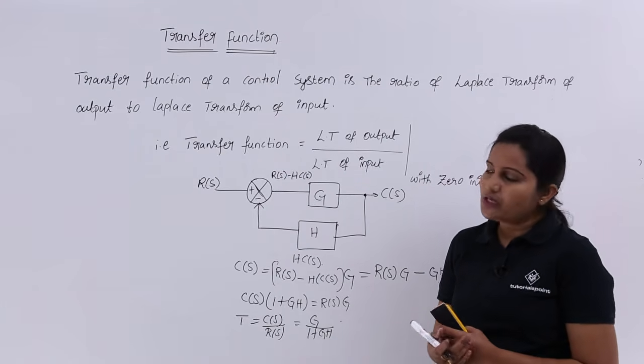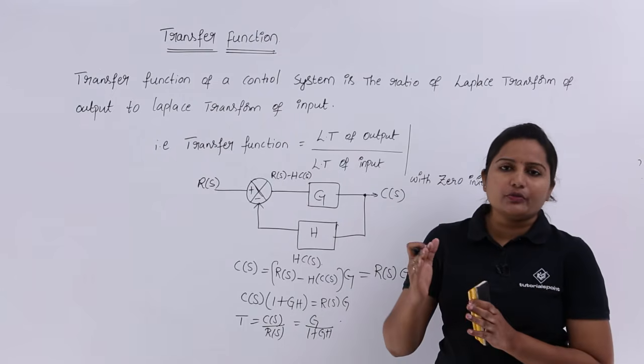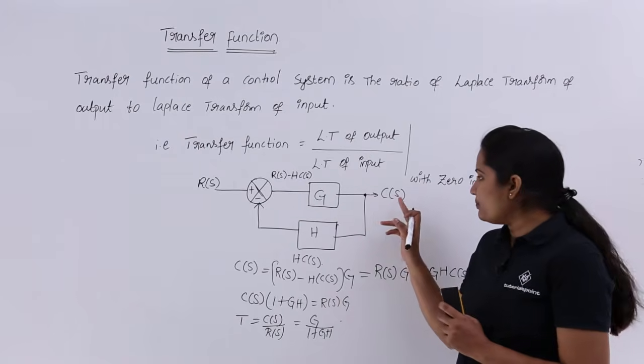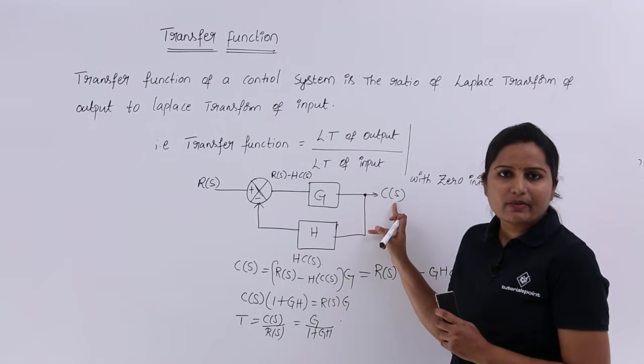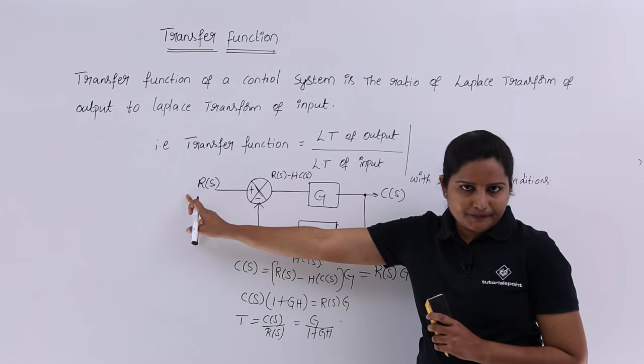So, here the transfer function is nothing but the ratio of output transform by input transform. In the case of control systems, we prefer our output transform as C(S) and input transform as R(S).